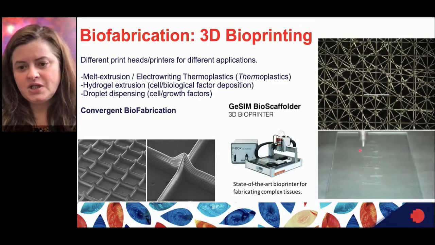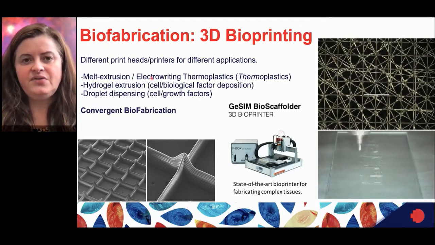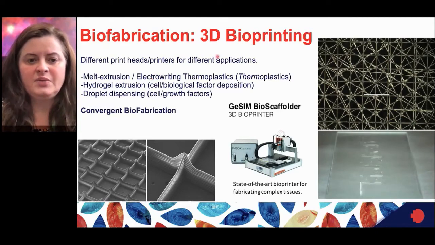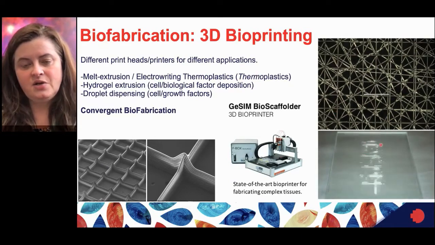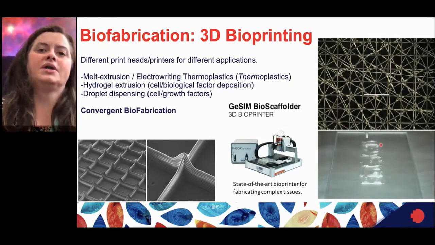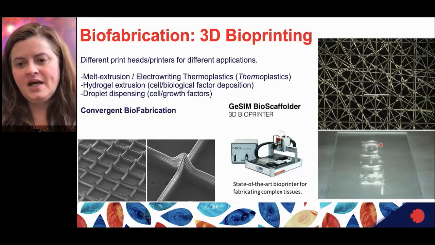So that's what you can actually see here, what this little nozzle is doing down here. It's laying down a very fine line, or very fine scaffold, of a biodegradable polymer. And we use plastics called thermoplastics for this. So this involves melting the plastic so it becomes a liquid state so it can be printed, and it will solidify again once it cools down.